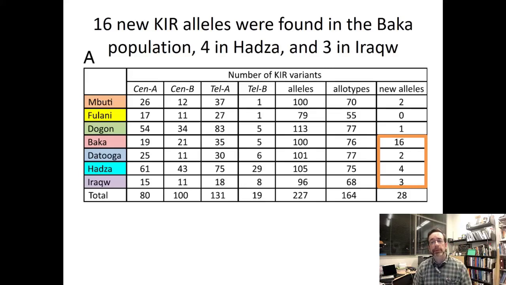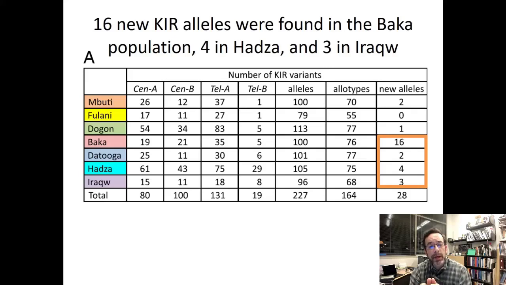The important thing is the new alleles that they found. Every tribe except the Fulani gave them at least 1 new KIR allele. And the interesting thing that I see is that the tribes on the bottom of the table are the easternmost tribes, and those gave them the most new alleles. The Baka gave the most new alleles with 16.